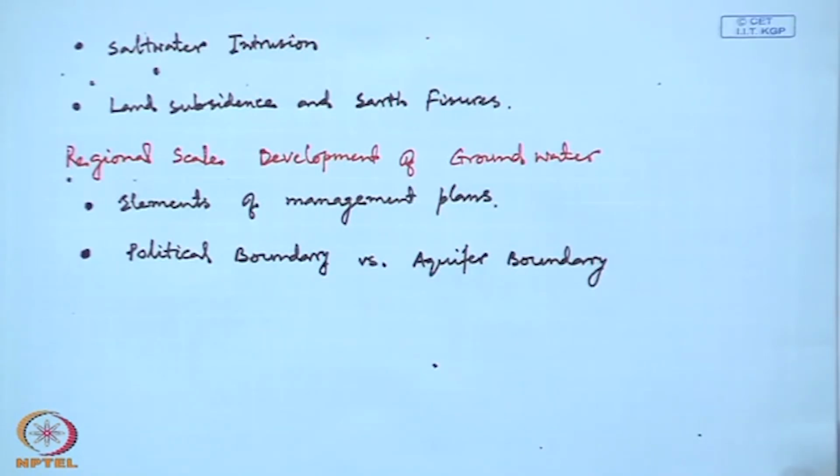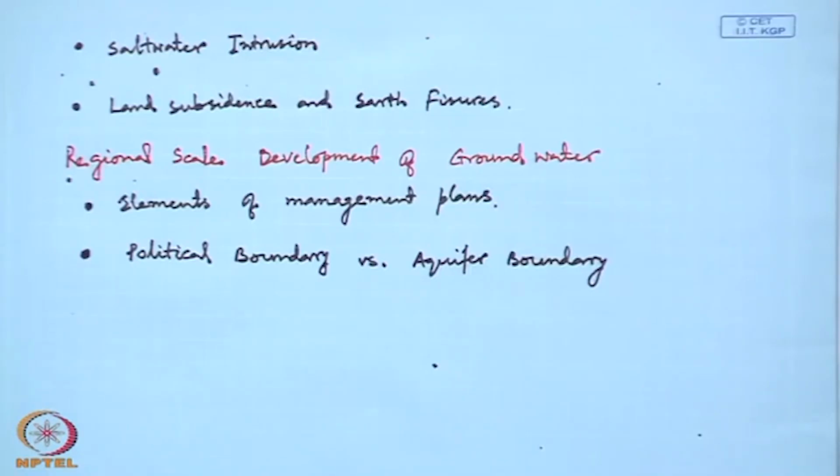But the problem is that in most cases aquifers are shared by two or more political regions. So, that creates a problem for any regional scale development scenario in groundwater, and this identification of boundary condition becomes important, and this political boundary or aquifer boundary can be used for modeling purpose.